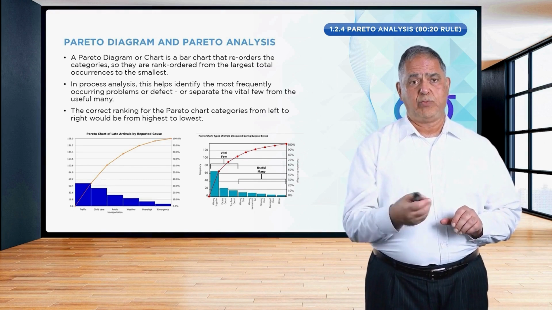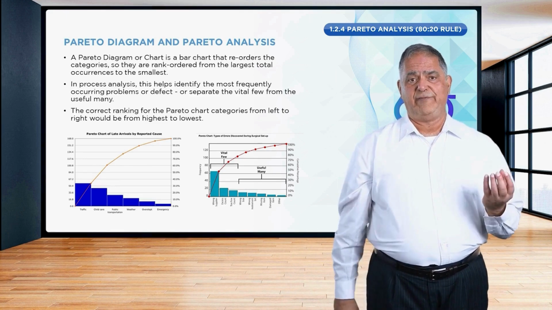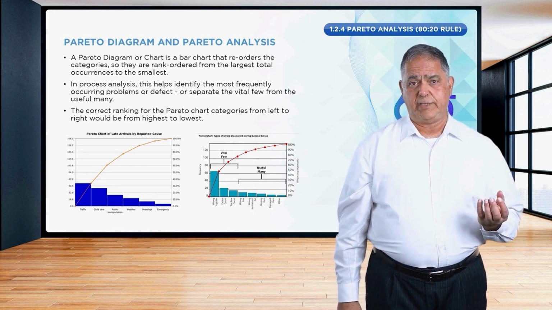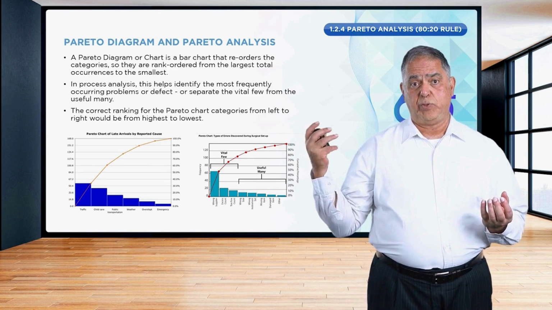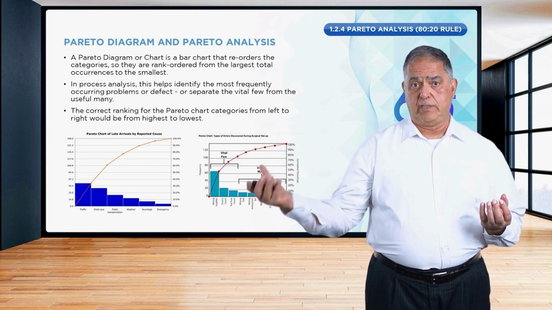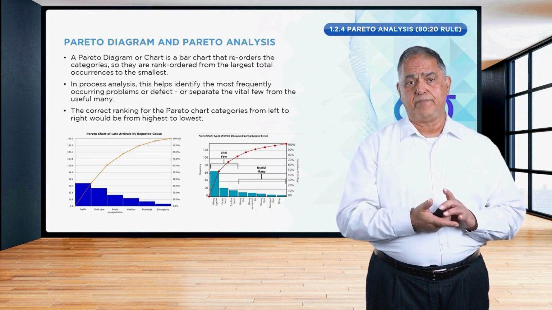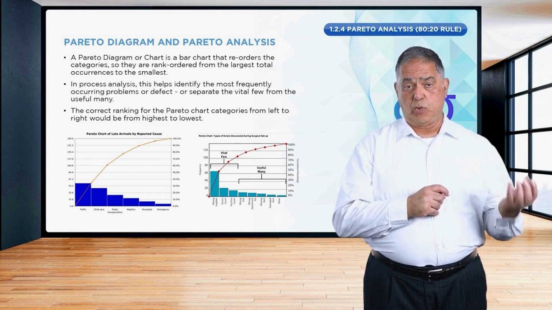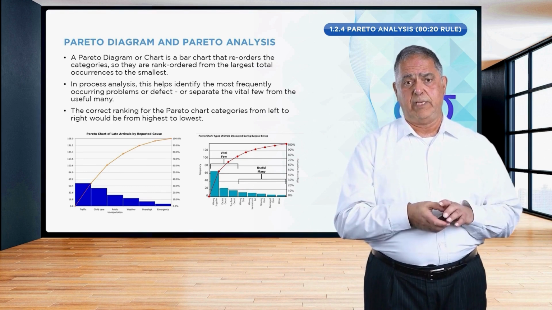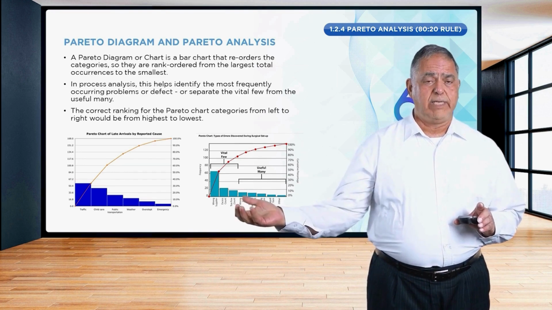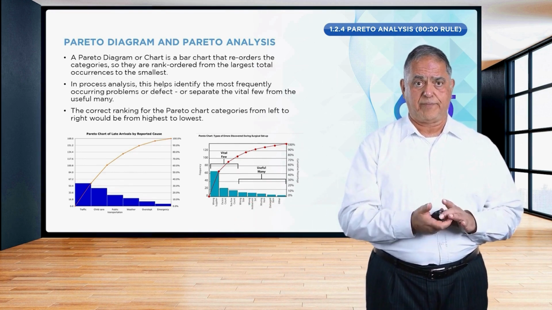In the 80-20 rule, the logic is that if we identify the 20% of the problems that contribute to 80% of the issues in the process output, find the root causes and eliminate them, then 80% of the issues in the outputs are going to vanish.